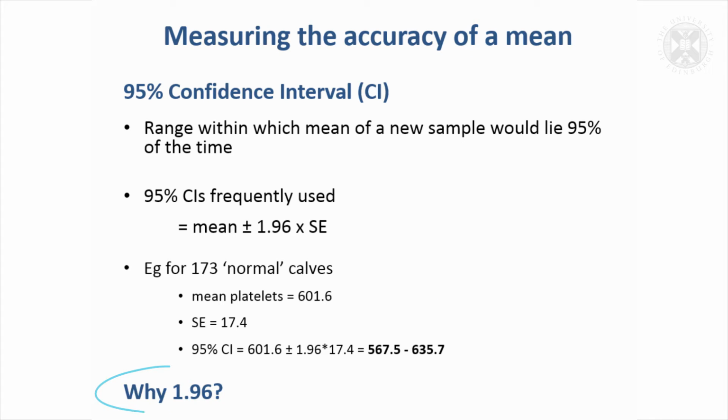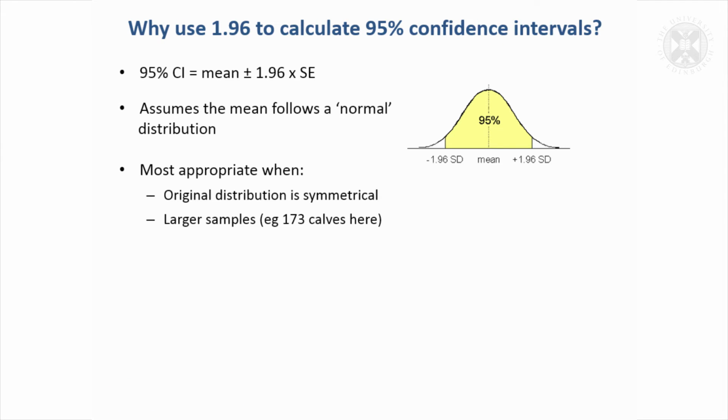So it's got this value of 1.96 in, so where does that come from? You don't really need to understand this, but if you want to, it comes from something called the normal distribution. And the normal distribution is something that the mean is expected to follow. So this would be a histogram of means.